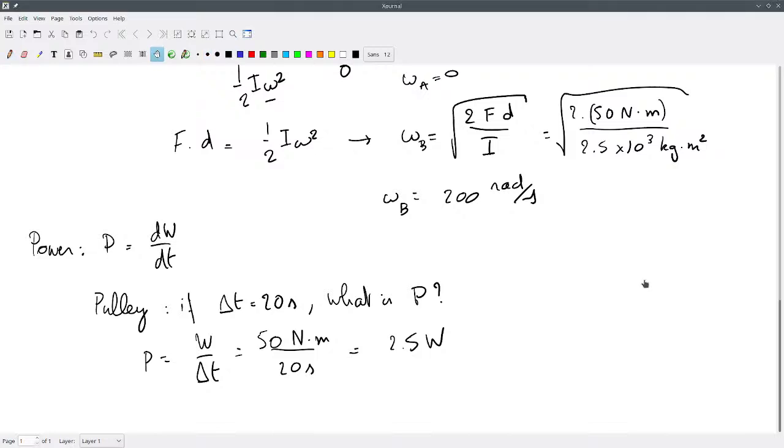Now there's another expression that we introduced last class on Monday: the power is equal to the torque times omega. So one thing you might think of doing here is, let's see what we get if we multiply the torque times omega.